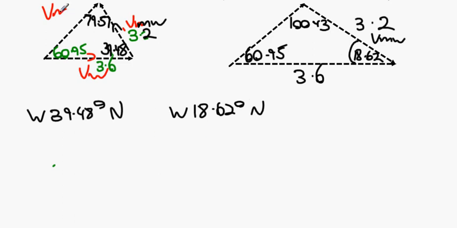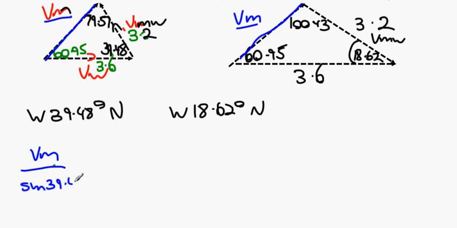Now, in both triangles, we're now going to have to calculate the velocity of the man, which is this side here in this triangle, and this side here in this triangle. So in both of them, we have to calculate it. So in one of them, we're going to have velocity of man using the sine rule over sine 39.48 equals 3.2 over sine 60.95.